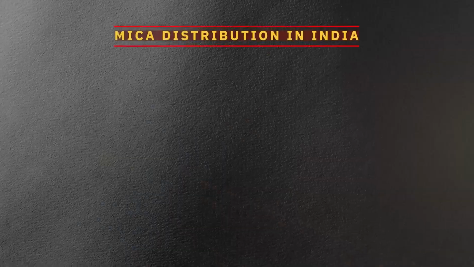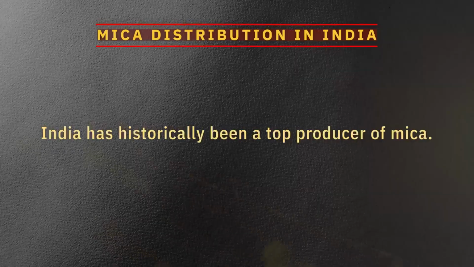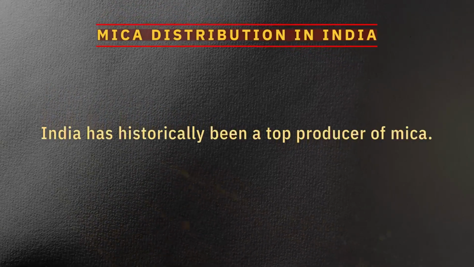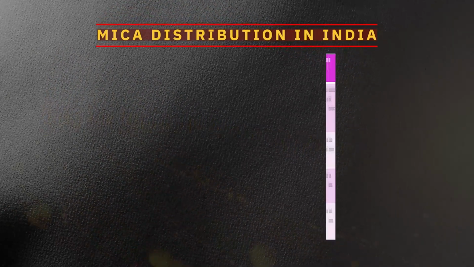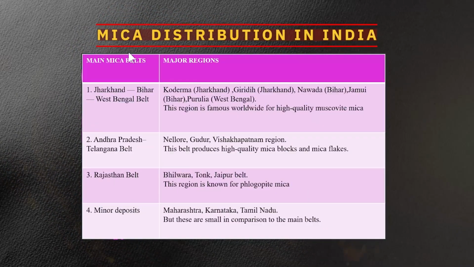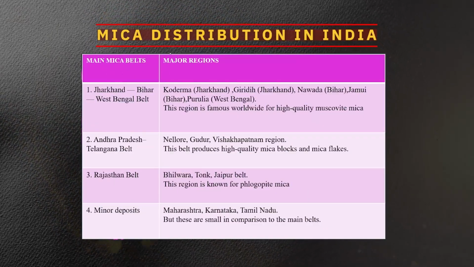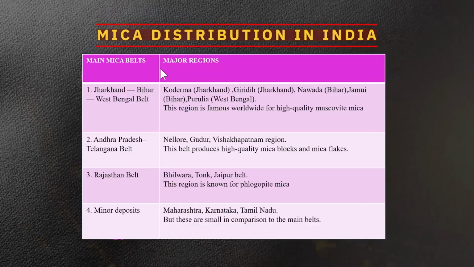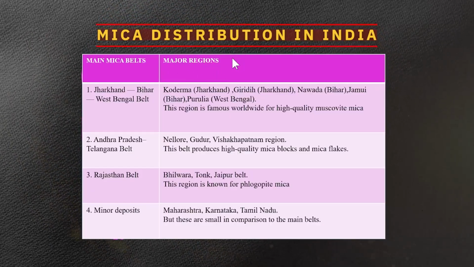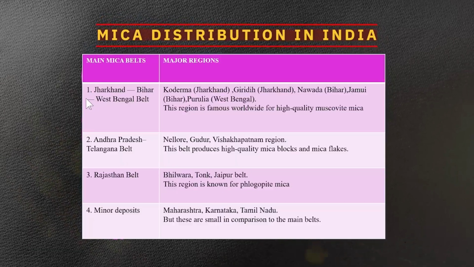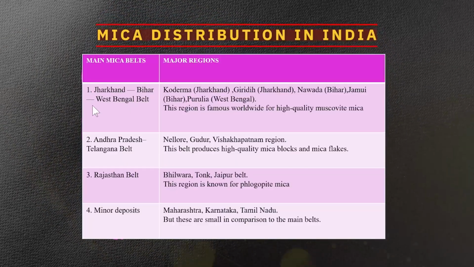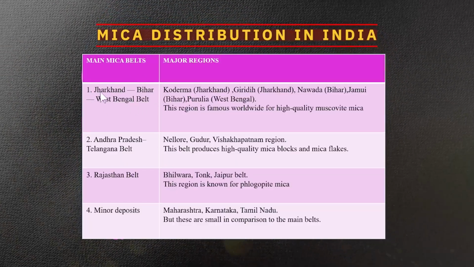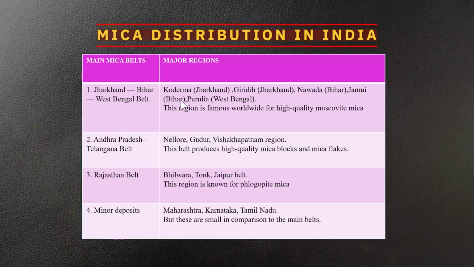Now let's shift our focus from the distribution in the world to the distribution of mica reserves in India. See, India has historically been a top producer of mica, and the main mica belts include these regions. This table shows the main mica belt regions, and they include major mining reserves as well. The number one belt is the Jharkhand, Bihar, West Bengal belt, and this belt is very important for mica production.